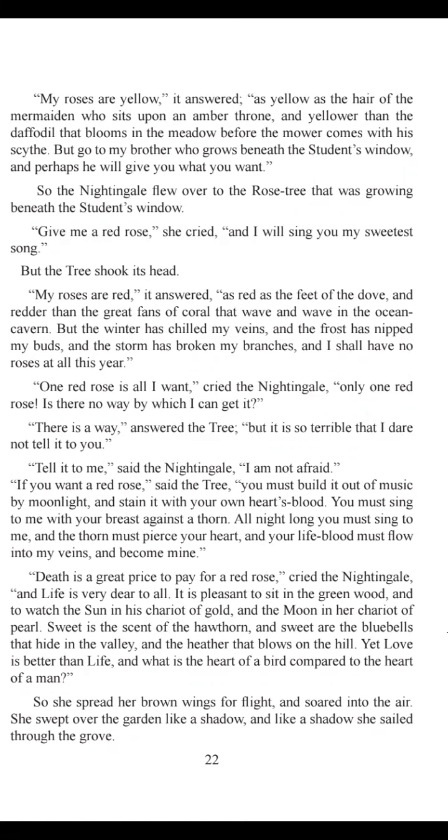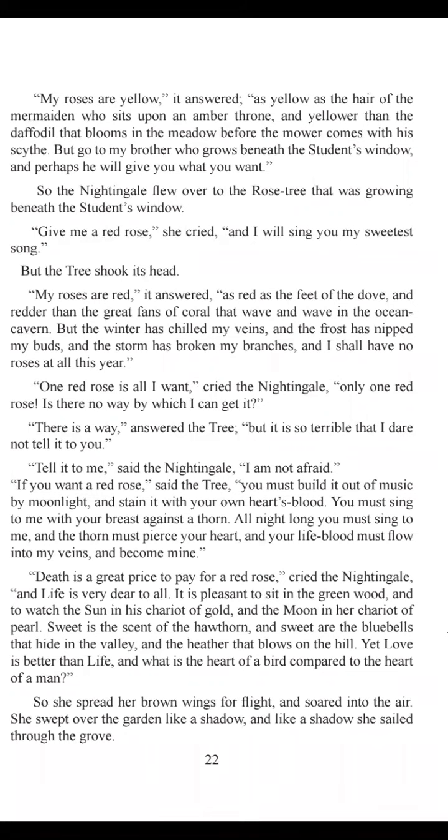"Tell it to me," said the Nightingale. "I am not afraid." "If you want a red rose," said the tree, "you must build it out of music by moonlight and stain it with your own heart's blood. You must sing to me with your breast against a thorn.